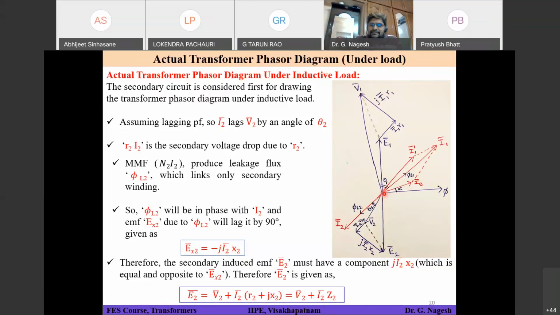It's immaterial whether secondary is connected to some load or not. So that is called the excitation current. The job of this excitation current is to produce flux in the core and supply if there are any core losses. Because secondary is open, only the core is the load on your electrical circuit. So the magnetic core can be considered as some kind of load on your primary circuit.